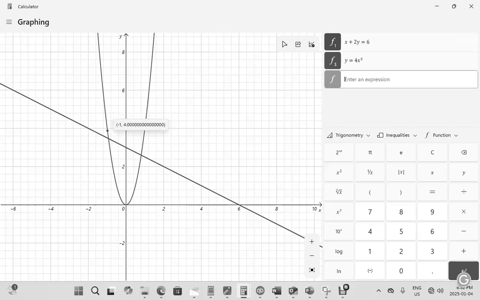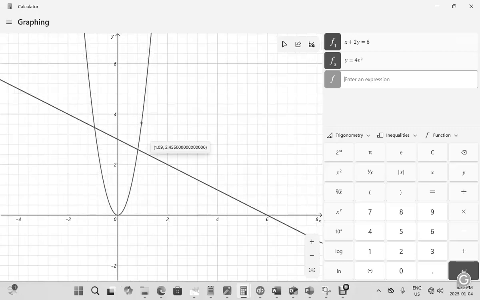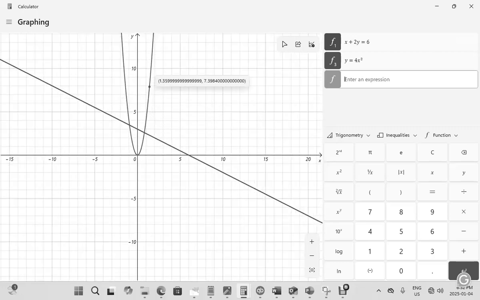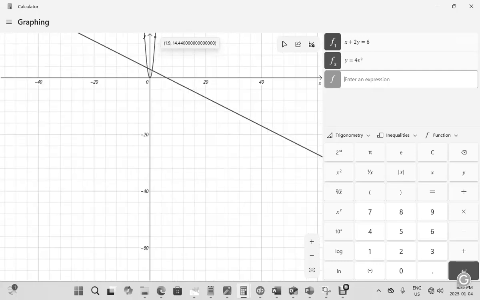And then for 2, you have 16, roughly 16. There you go. So for 2, your y coordinate is 16.